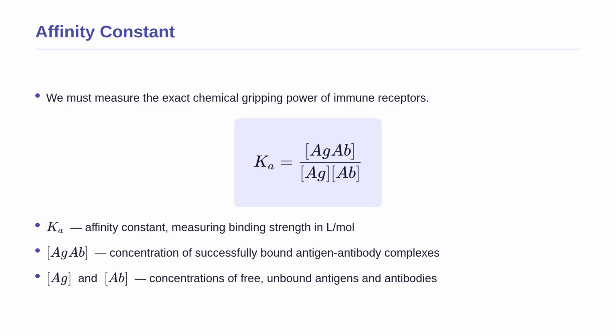In the equation, the numerator represents the concentration of bound antigen-antibody complexes. The denominator represents the free antigens multiplied by the free antibodies. When the concentration of bound complexes increases, the affinity constant increases, meaning a much stronger physical grip.